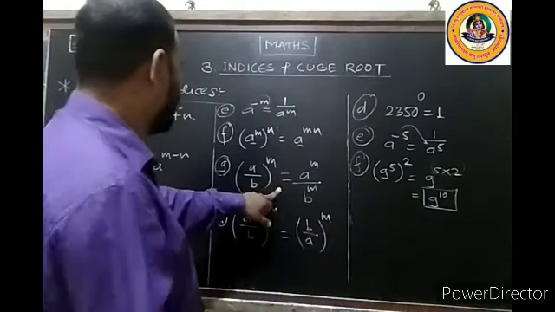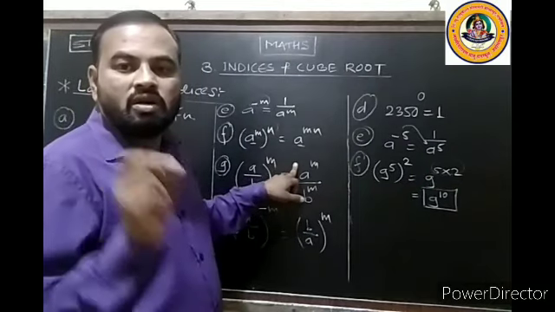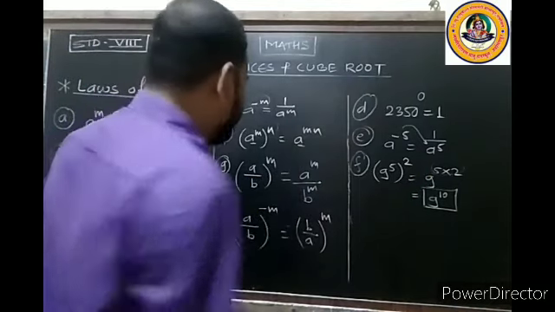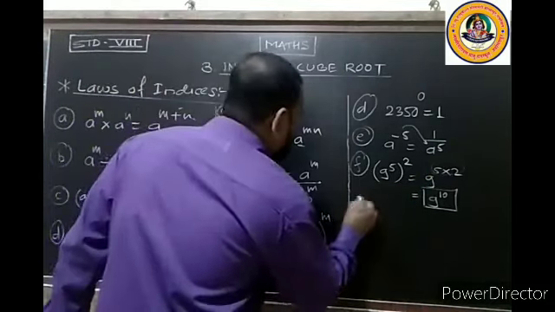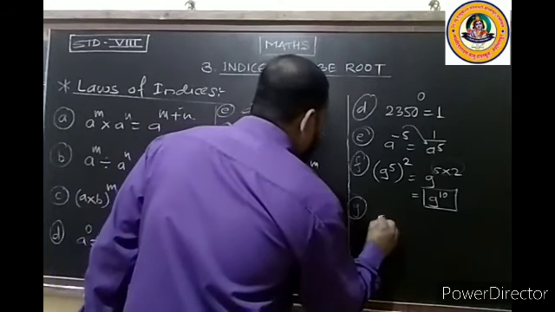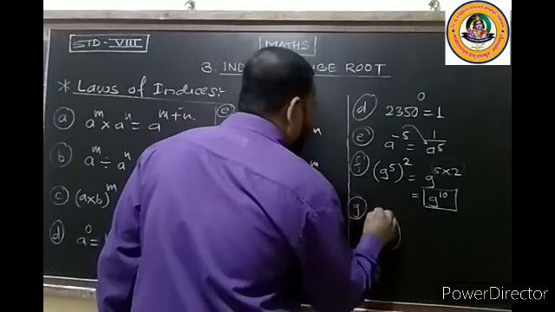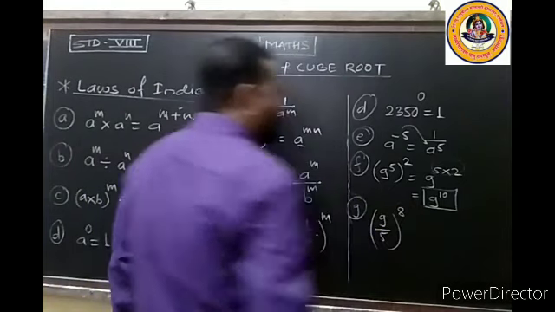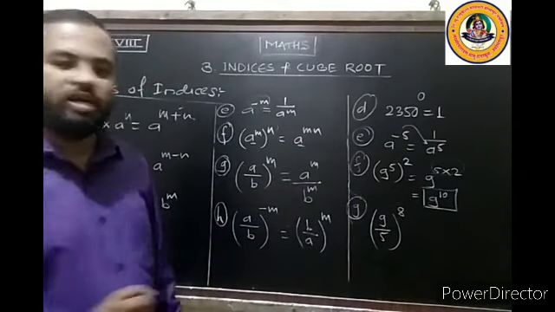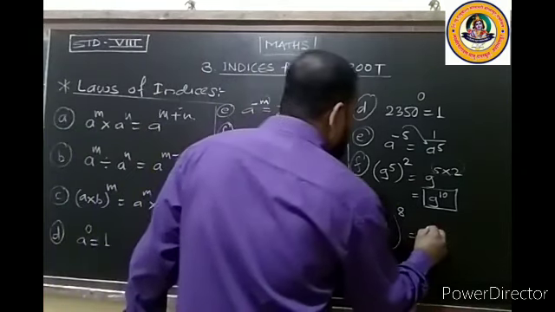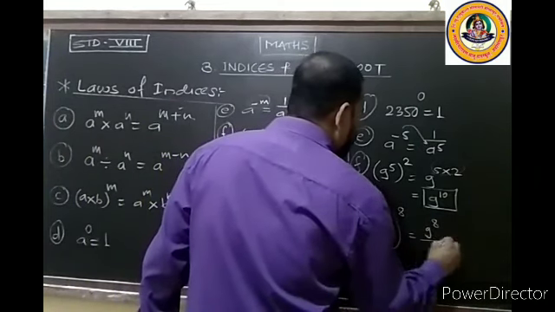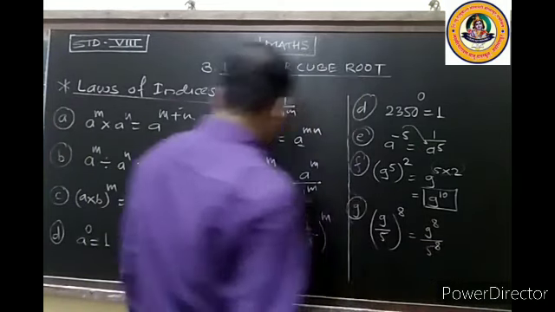There is a basic difference. So it is also separation of their indices. We take example G, 9 by 5 raised to 8, is equal to 9 raised to 8 divided by 5 raised to 8.